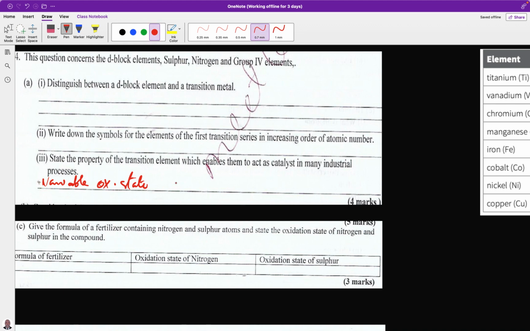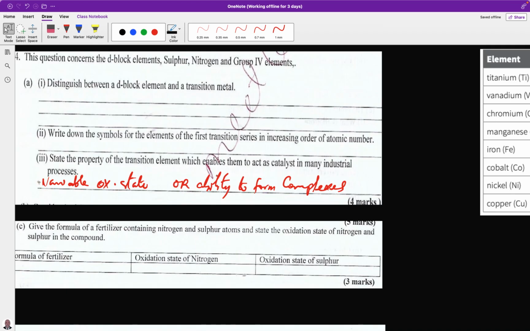Or again, you could say they have that ability to form complex ions. Variable oxidation state or ability to form complexes. That ability to form complexes enables them to form intermediates in a chemical reaction.